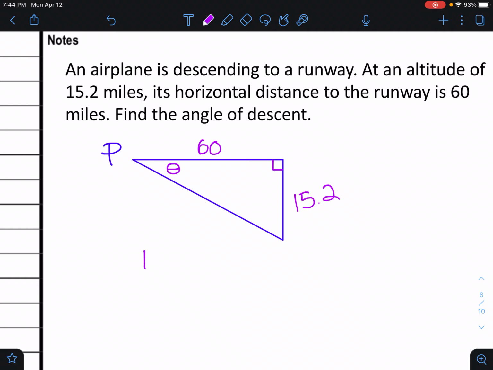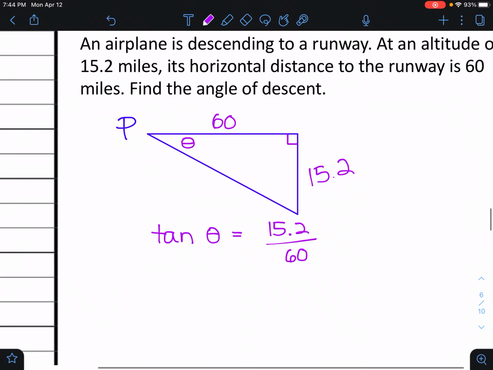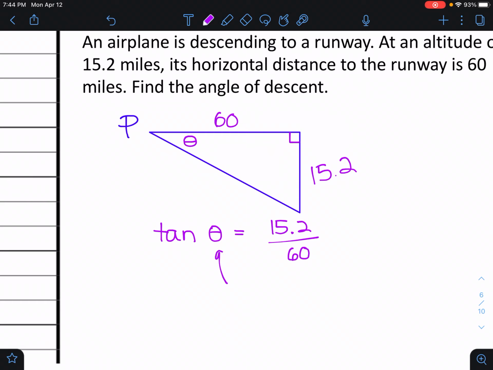So this means this is tangent. So I'm going to say tangent of theta is equal to the opposite side over the adjacent side. Now you don't have to do this every single time, but for this one I'm going to show you how I need to solve for theta. That's an angle, right? Theta is always an angle.